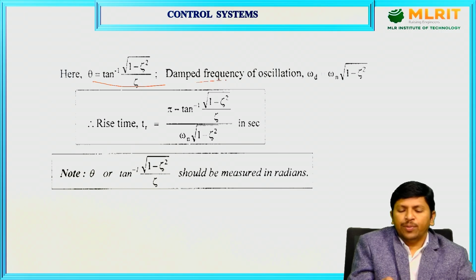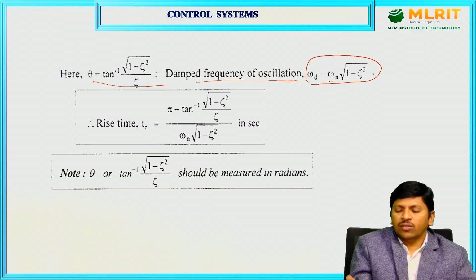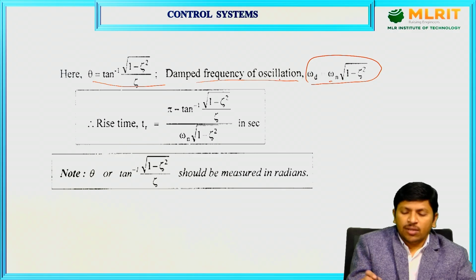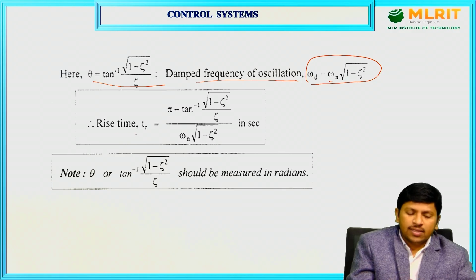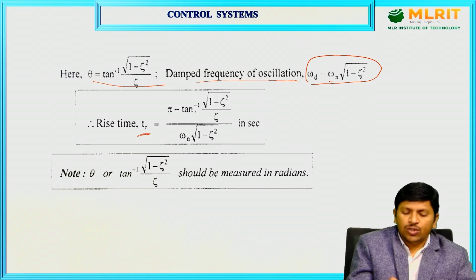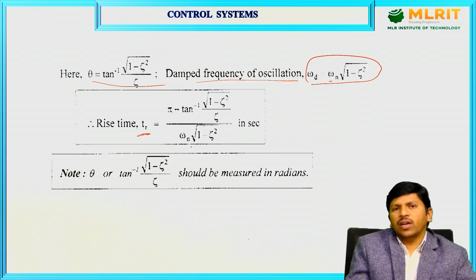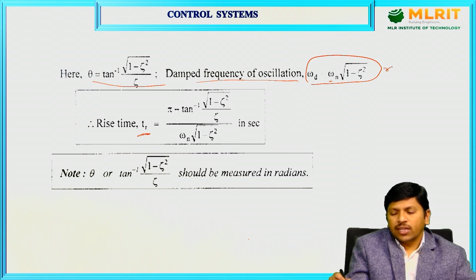The damped frequency of oscillation omega d equals omega n into under root 1 minus zeta square. Just substitute these two in the rise time equation. Tr equals pi minus theta, in place of theta tan inverse of under root 1 minus zeta square by zeta, divided by omega d, where omega d is omega n under root 1 minus zeta square, in radians per second.